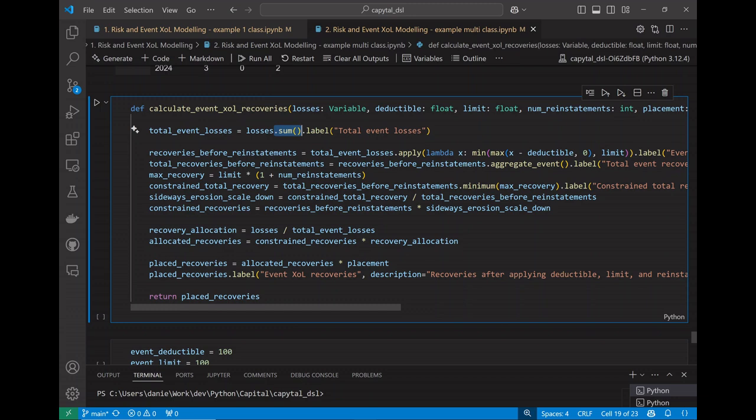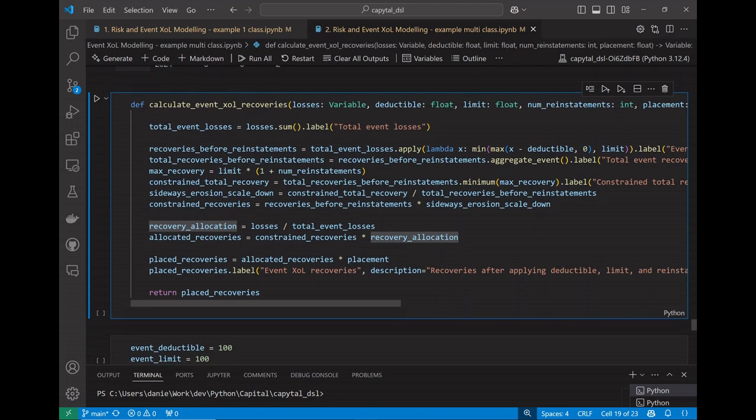This means we don't need to do the sum here as we had it with the risk XoL, because everything is already at an aggregate level. There's no need to do the sum at this point. But the rest of this calculation is very much the same. But now we do this calculation of the recovery allocation, as we just discussed, and then we apply that to the aggregate recovery by event. That's going to give us recoveries allocated out to class and year, and finally we can apply the placement.